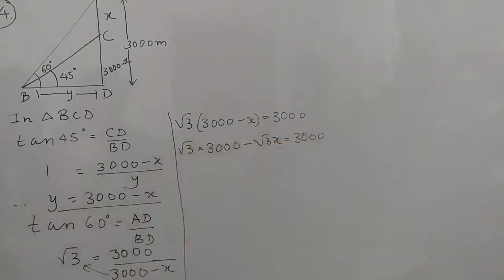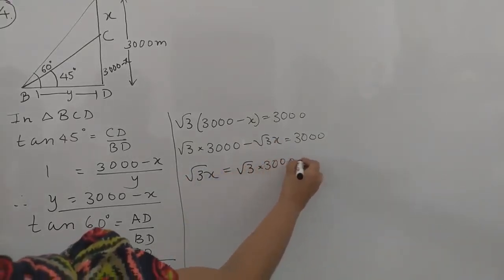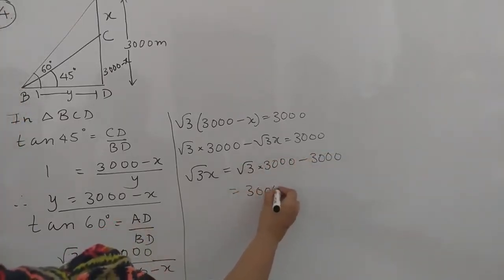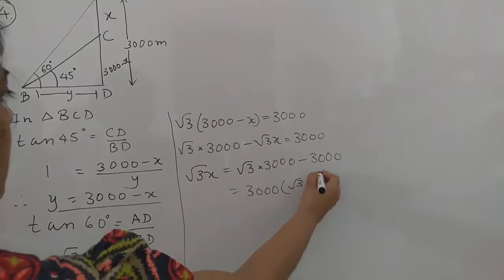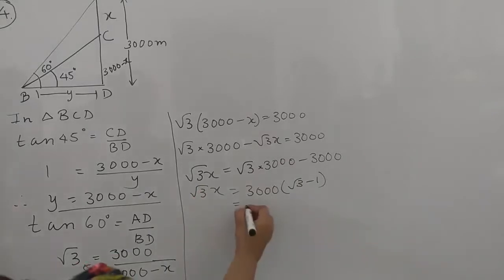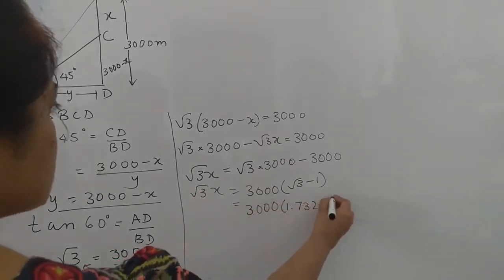Taking root 3 terms on one side and 3000 on the other side, root 3x taken to the other side becomes positive, and this 3000 is taken here. So we get this equation. Now taking 3000 common, I get root 3 minus 1 in the bracket, and here it is root 3x only. Now what can we do? 3000 into 1.732 minus 1.